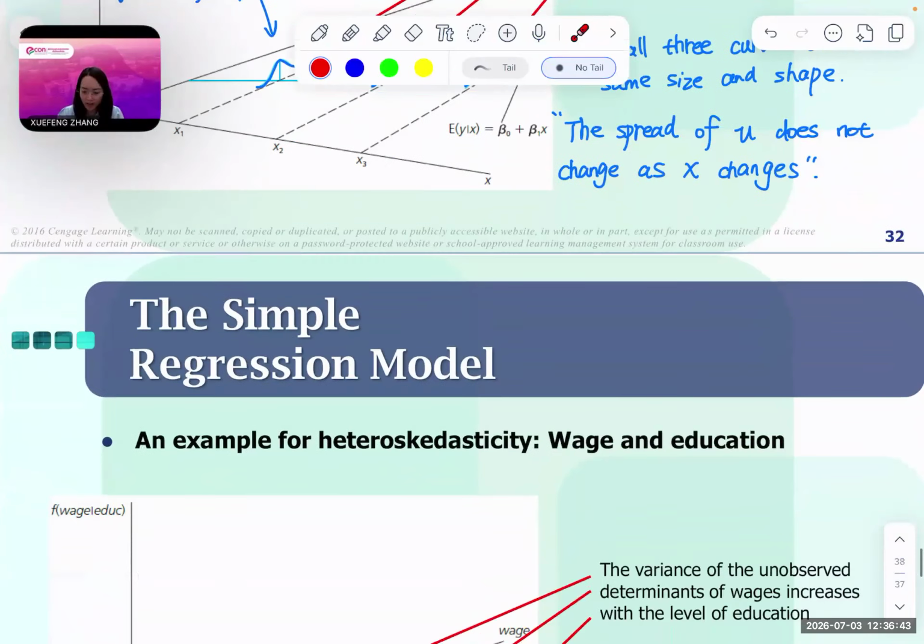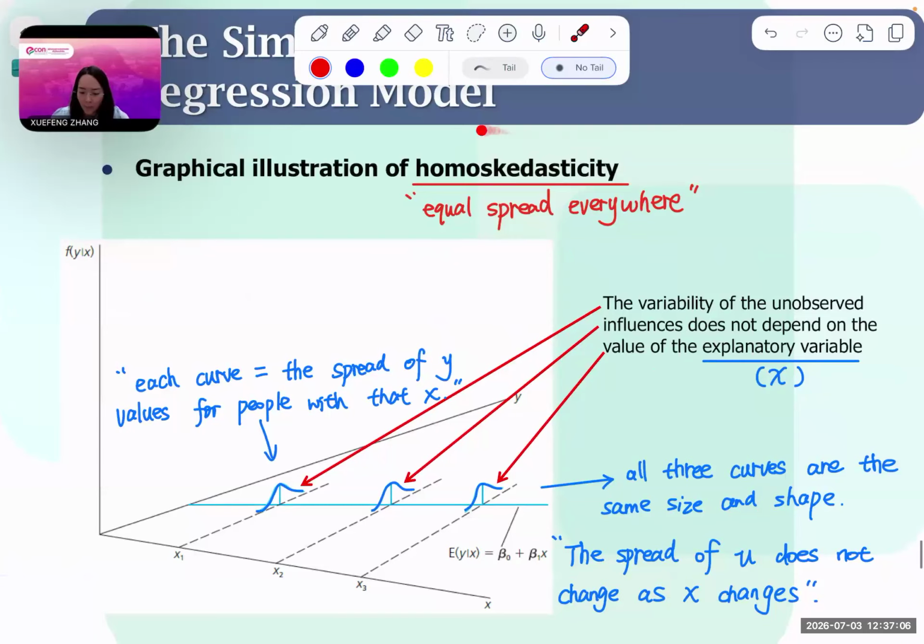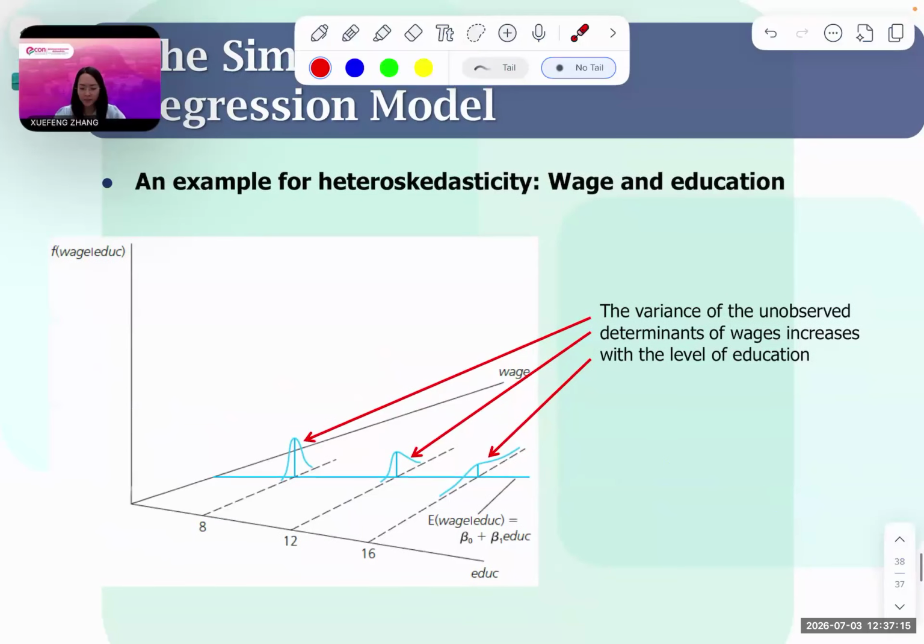We need it for OLS to be the best estimator, not just unbiased. We need it to be unbiased and also most efficient. We'll see what happens when it's violated. If this one is violated, we call it heteroscedasticity. Coming soon.